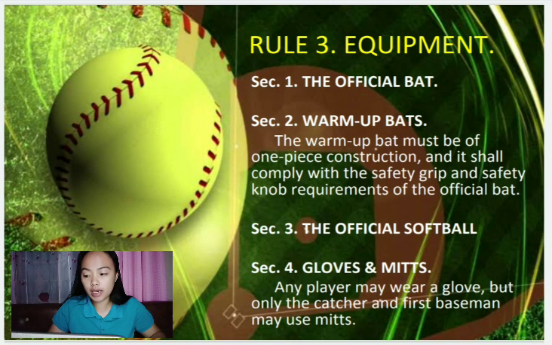So ang official bat shall be metal, bamboo, plastic, graphite, carbon, magnesium, fiberglass, ceramic, or any other composition material provided by the ISF. So ang bat is not more than 34 inches long, nor hindi siya pwede mag-exceed sa 38 ounces in weight.